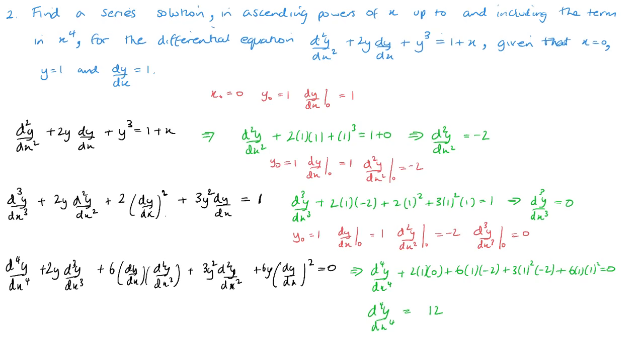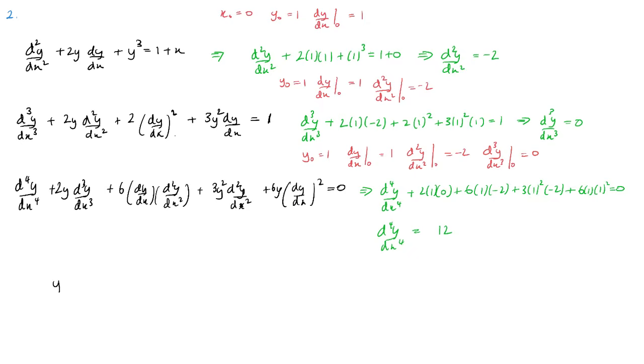All that's left to do is to substitute it into my series. So that is y equals 1 plus 1x plus minus 2 over 2 factorial x squared plus 0 over 3 factorial x cubed plus 12 over 4 factorial x to the power 4.